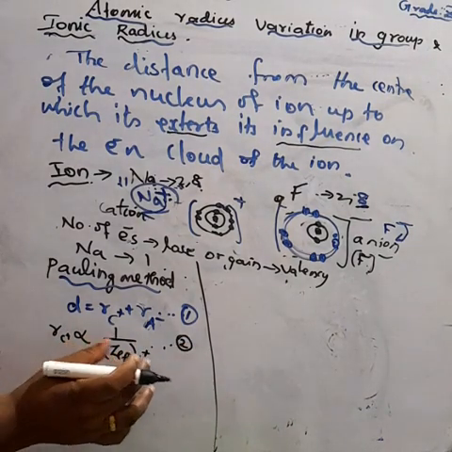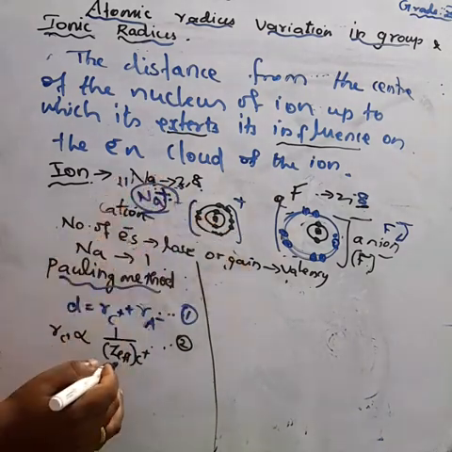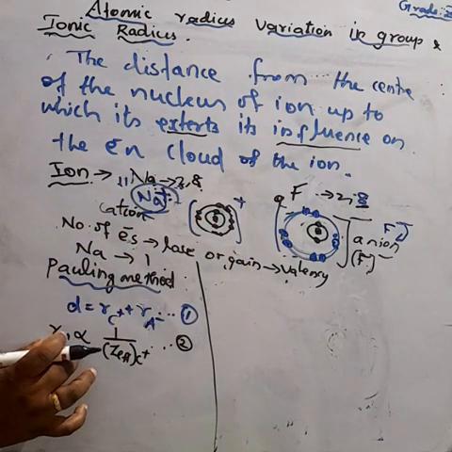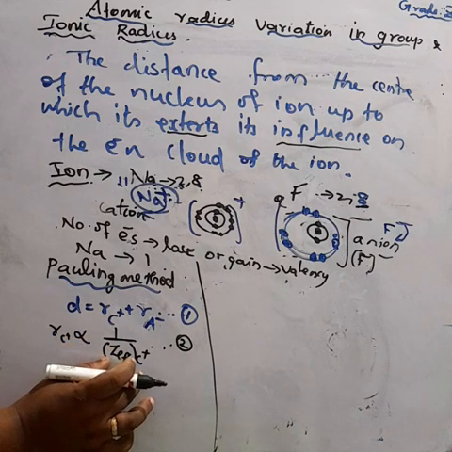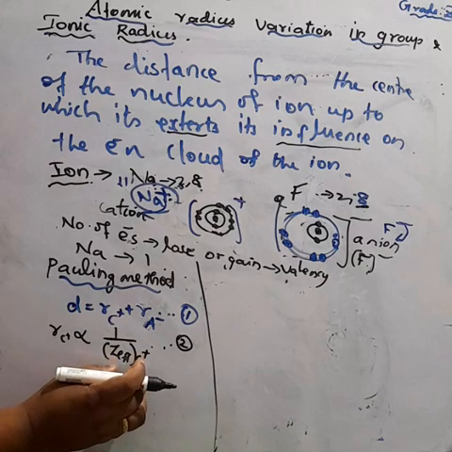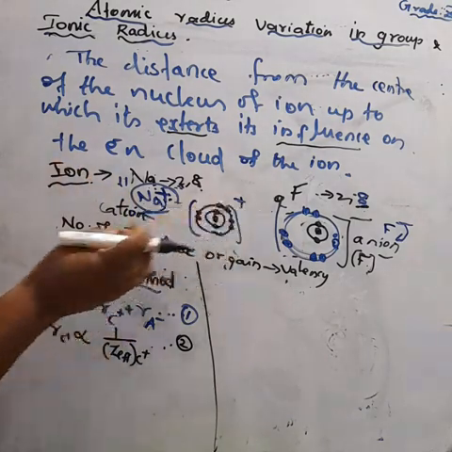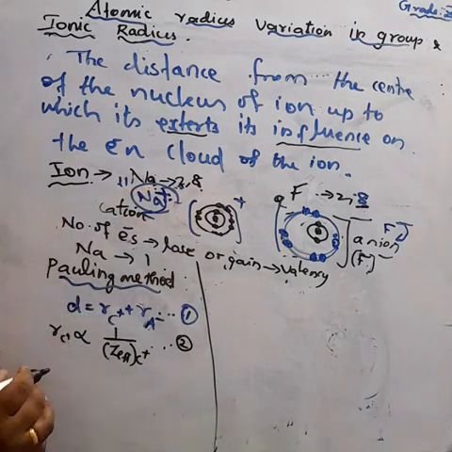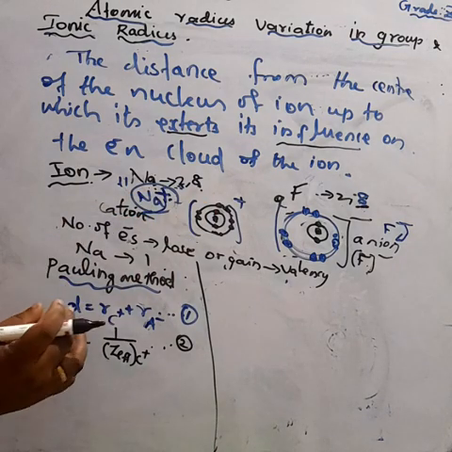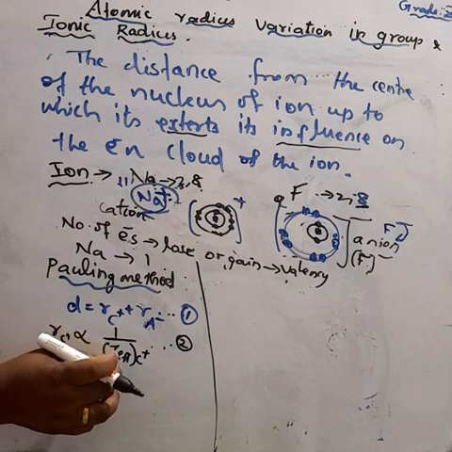Effective nuclear charge means effective nuclear force. When the nuclear force is high, the radius will be low. The electrons are attracted by the nucleus very tightly, so the electrons come towards the nucleus. So the radius of the cation will be low.